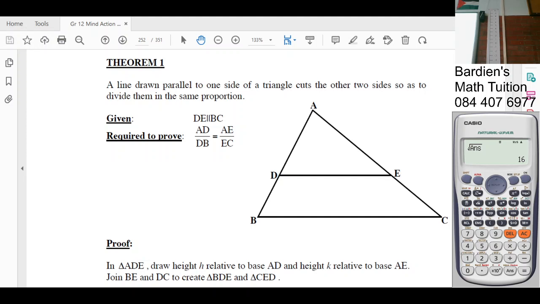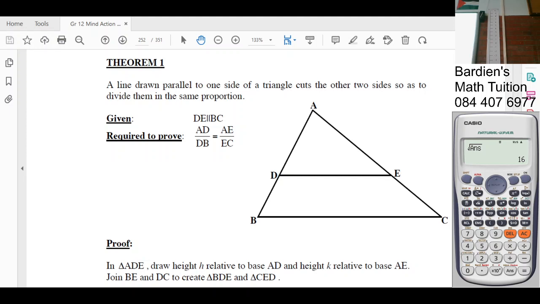We are given that DE is parallel to BC. You are required to prove that AD over DB is equal to AE over EC.